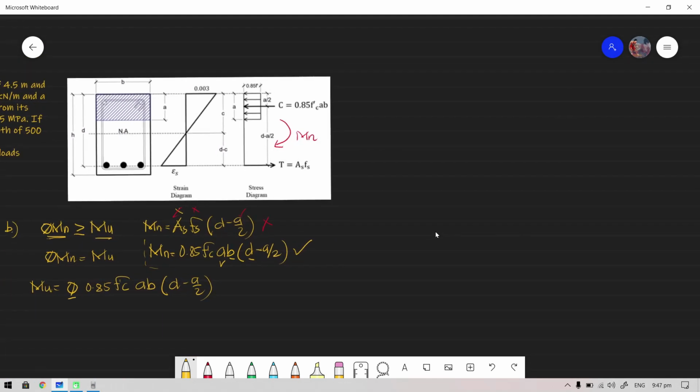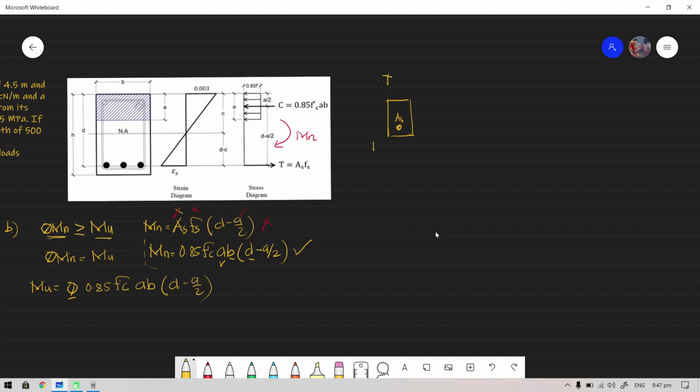In NSCP 2001, meron tayong 3 types of failure. Okay, yung types of failure, let's say ito yung beam natin. So let's say naglagay ka ng AS. Okay, one failure natin is yung AS mag-yield in tension before the concrete crashes in compression.